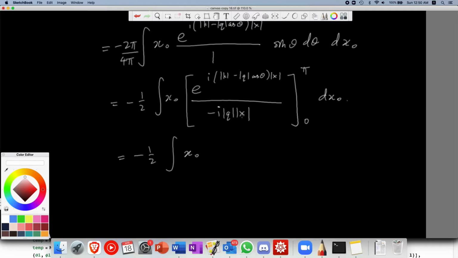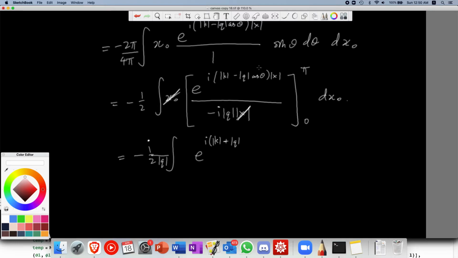This x naught cancels actually, and 1 over minus i is simply i. Then we have a q in the denominator here, which we can bring out because it's just a constant. Then we have e to the power of i k minus k plus q.